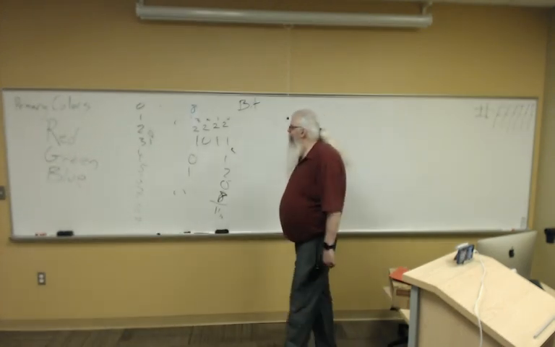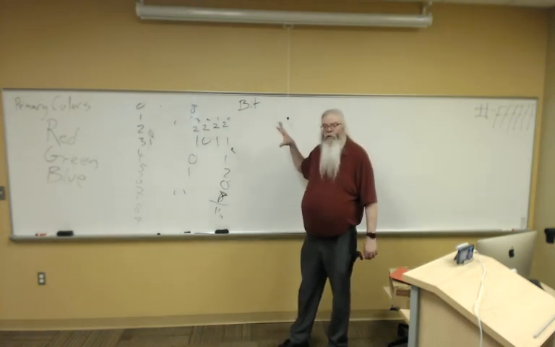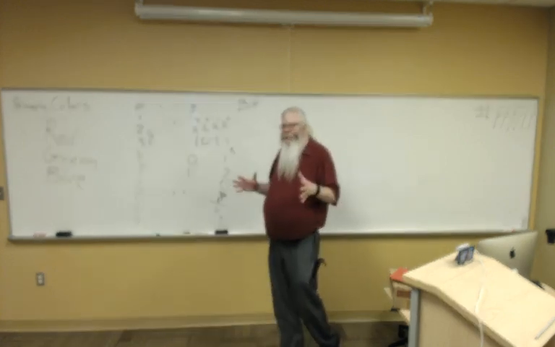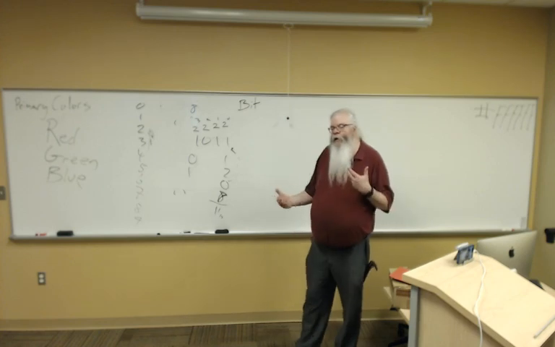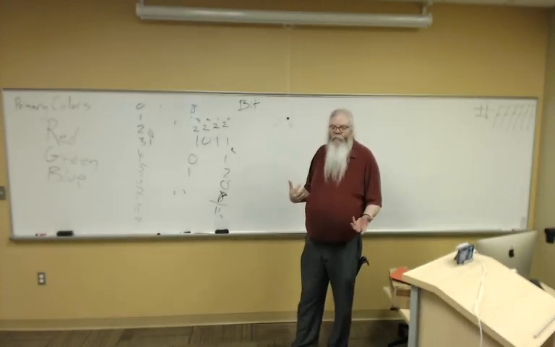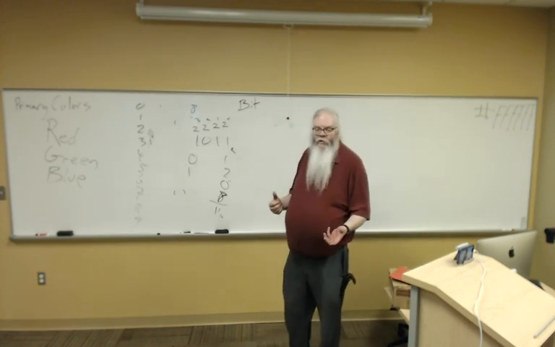This is the numbering system that the computer uses. The computer loves base 2, zeros and ones. That's how your computer understands everything. So when we're connecting with the computer, we need to translate everything we do to base 2 so that the computer can understand it.